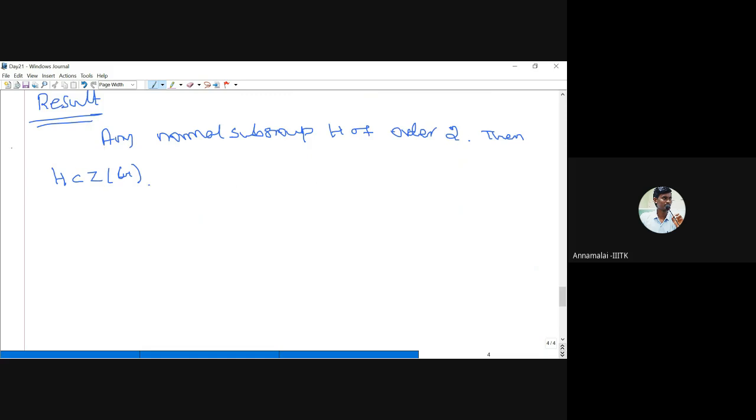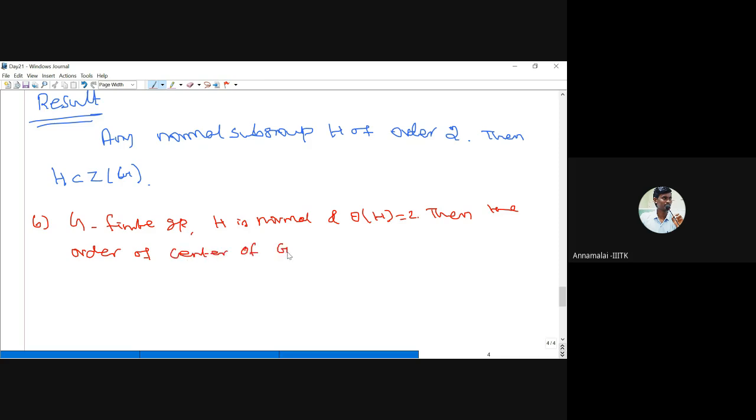Now the question is, maybe the sixth question. Again, it is given that G is a finite group, and H is a normal subgroup, and the order of H is 2. Then the question is, the order of the center of G is?